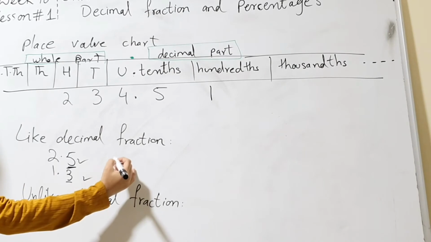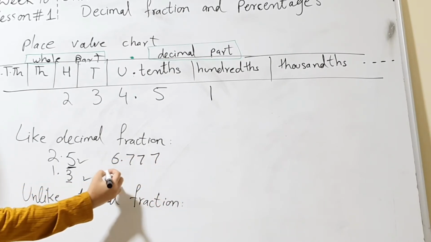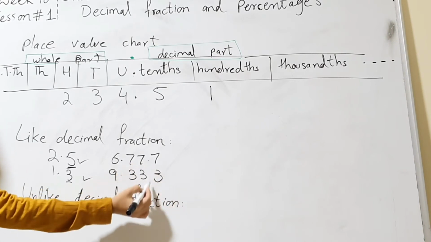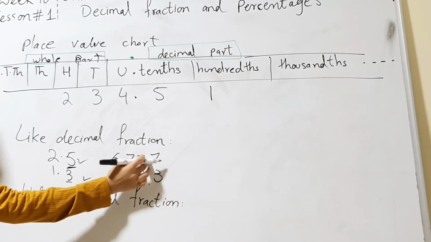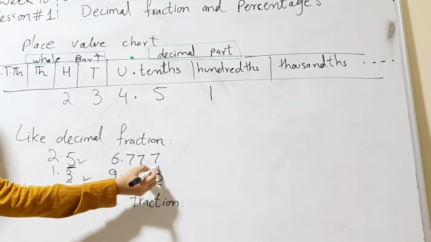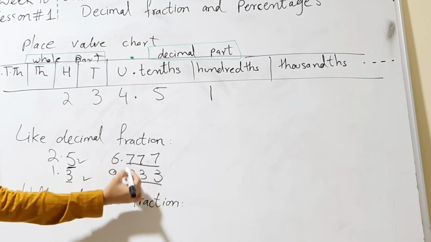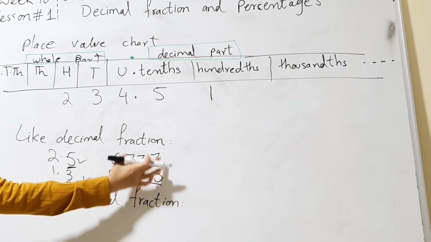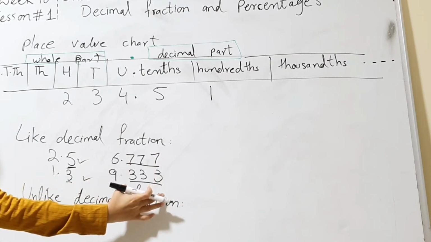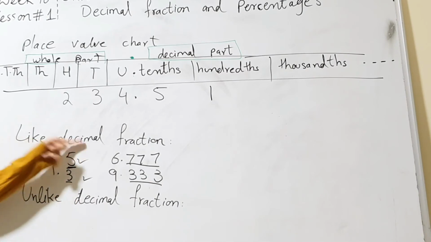For example, if I write 6.777 and then 9.333, these both decimal fractions have the same number of decimal places, 1 2 3 1 2 3. Decimal places means the digits in the decimal part. Both decimal fractions have the same number of decimal places, so they will be called like fractions.